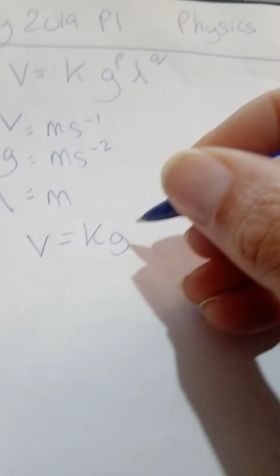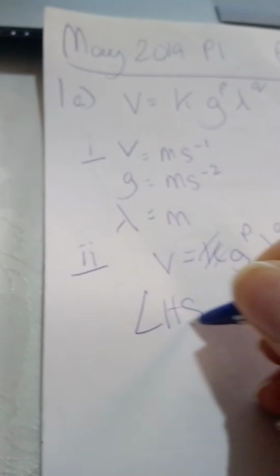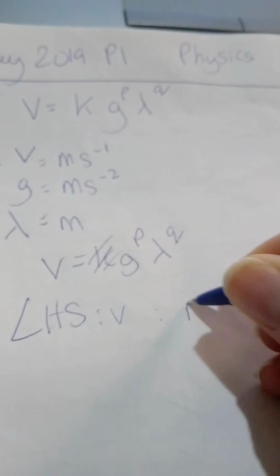So we've got V equals K G to the P lambda to the Q. K has no units, so we can get rid of it. Left hand side is velocity, which is meters per second.